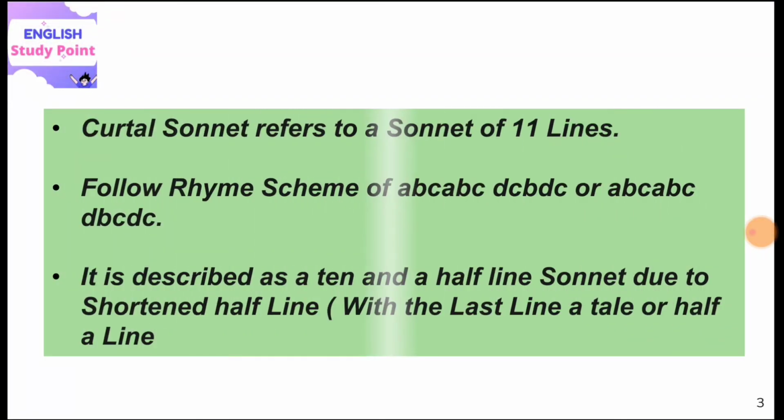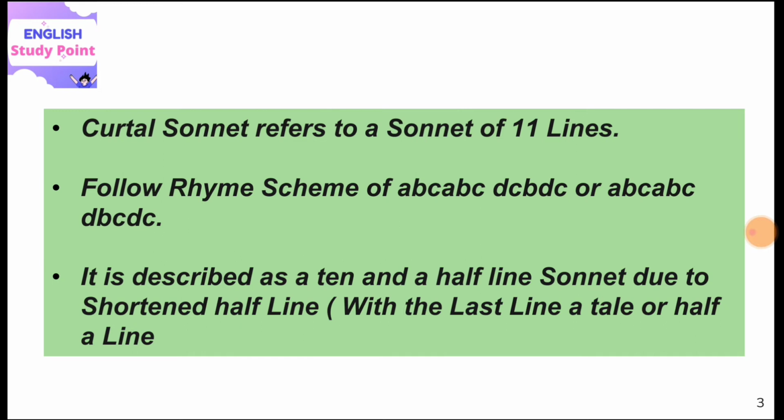Then, curtal sonnet refers to a sonnet of 11 lines. So, we describe these sonnets as a poem which contains 10.5 lines. That particular kind of poem is called a curtal sonnet. These sonnets contain not 11 lines but 10.5 lines, and I am also showing you an example of how it contains 10.5 lines.